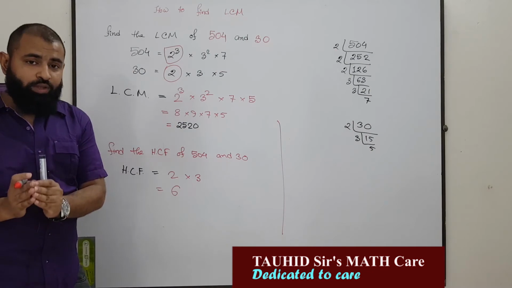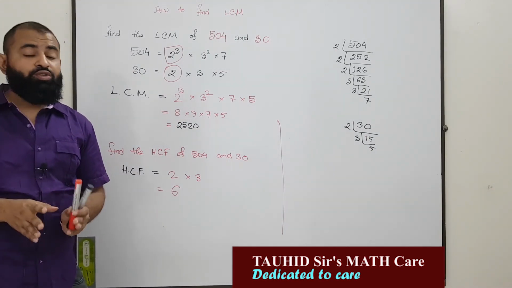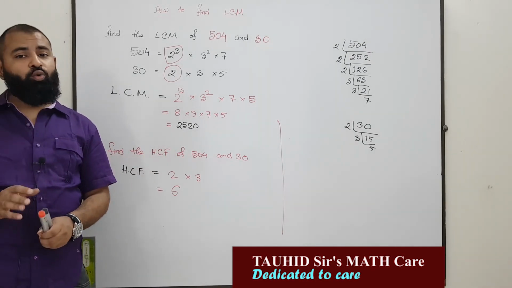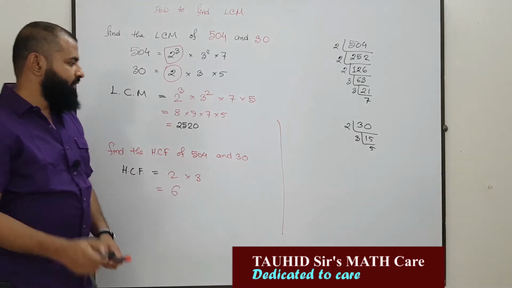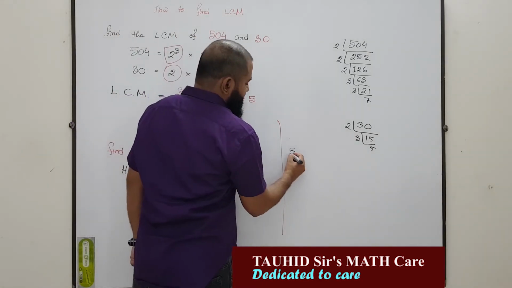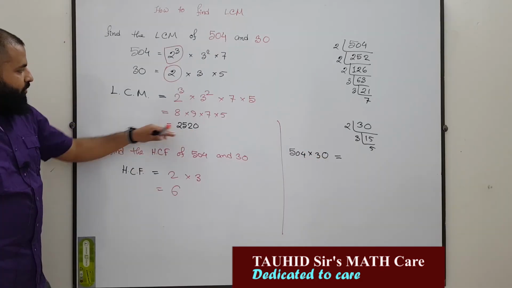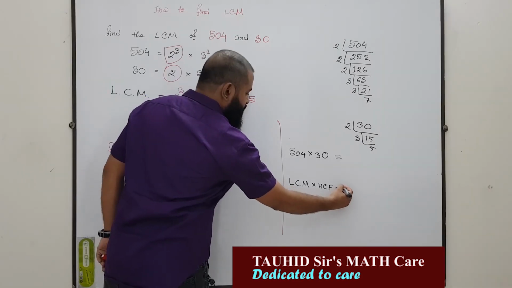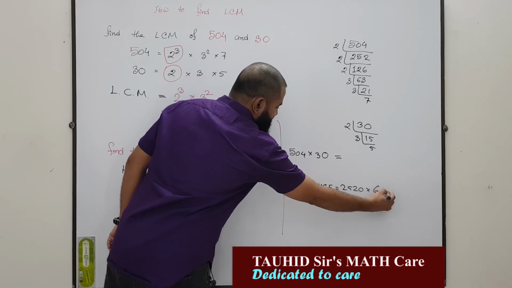Once you have calculated both LCM and HCF, let's think you are confused about whether your answer is right or wrong. Then how can I check this? We will take the multiplication of the two numbers 504 and 30, and we will multiply the LCM and HCF. LCM is 2520 and HCF is 6.